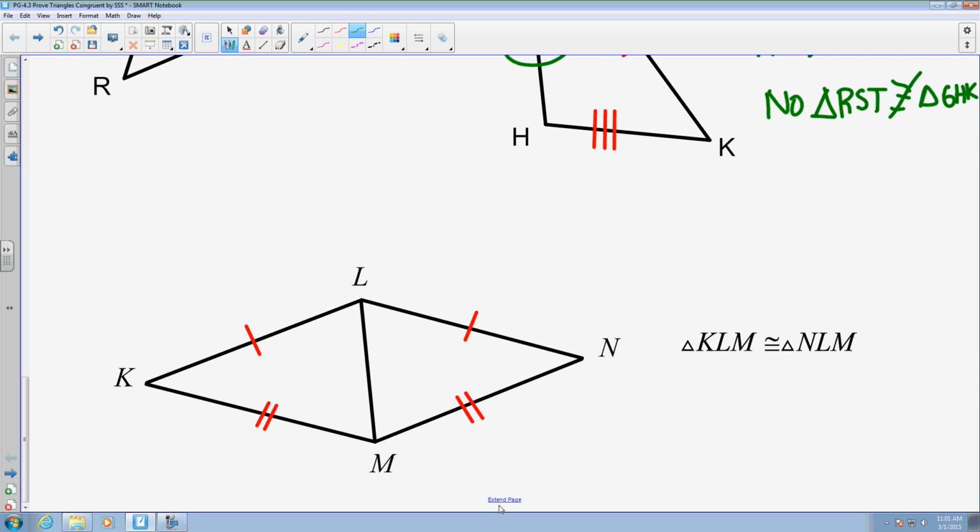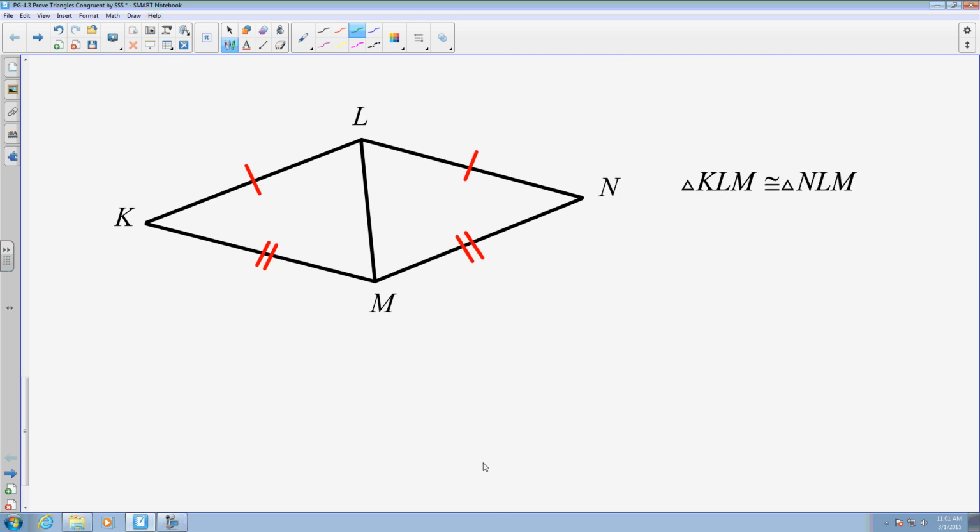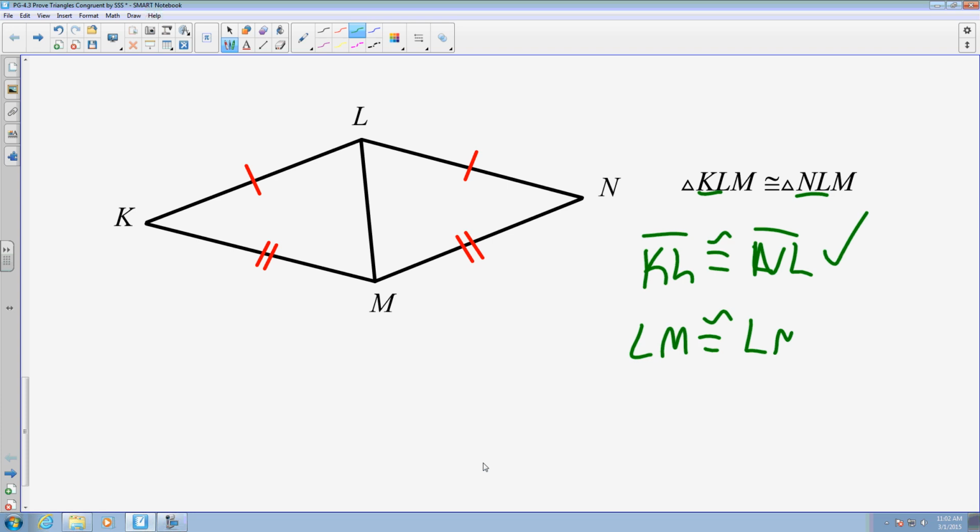So first off, I got KL and NL. KL is one tick mark. I want to see if it's congruent to NL, which it is because it's got the one tick mark. So that checks off. LM is congruent to LM. Well, even though there's no tick mark, I do know that LM is congruent to LM because of the reflexive property.